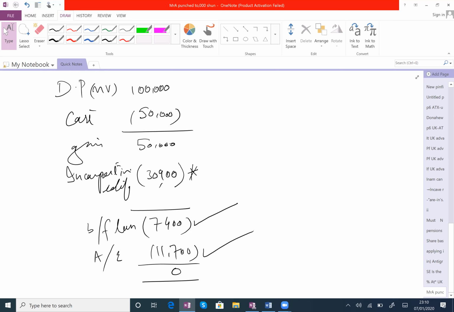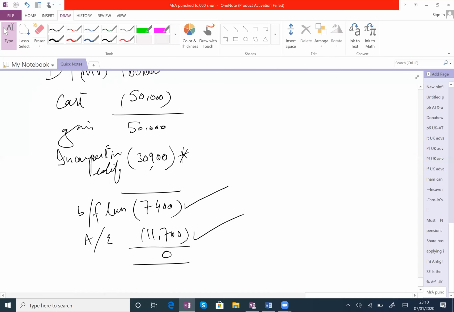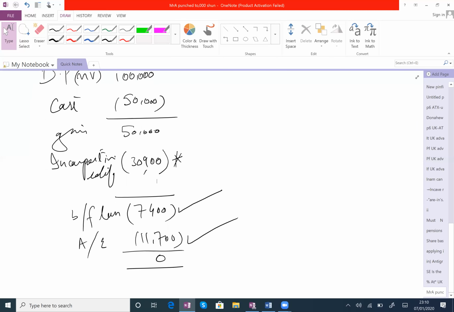In return, you can receive cash consideration along with shares. That's why you can make the incorporation relief partial. Otherwise, it is not allowed. The full gain you have to defer.